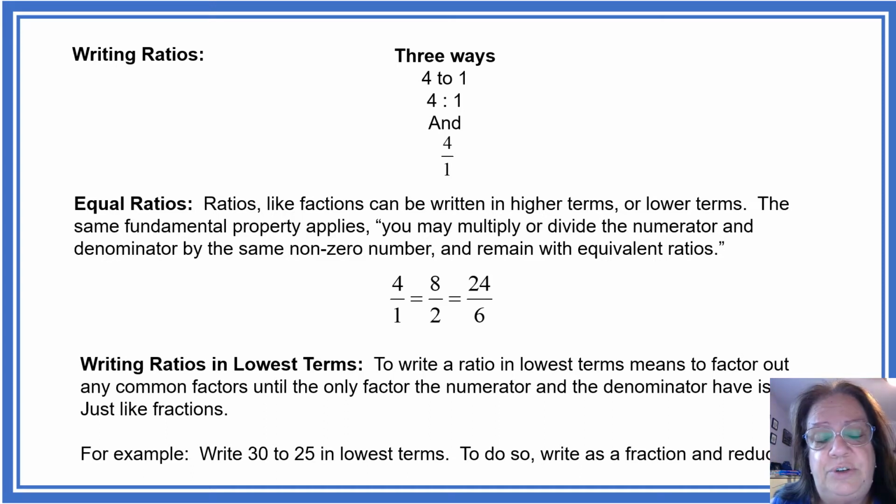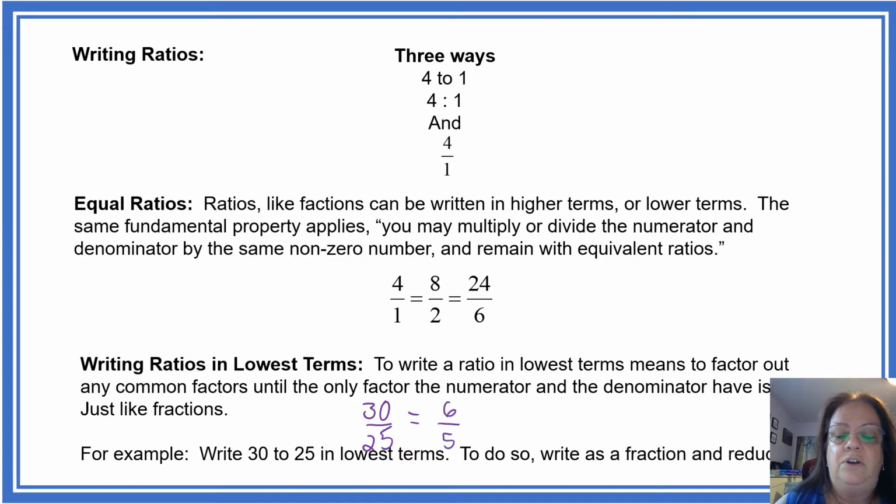It's all really just reducing fractions. Writing ratios in lowest terms means to factor out any common factors. For example, 30 to 25. If we look at this as 30 over 25, it's easy to see I can reduce it because they both have 5s. It would become 6 over 5, which means you could also write it as a 6 to 5 ratio.